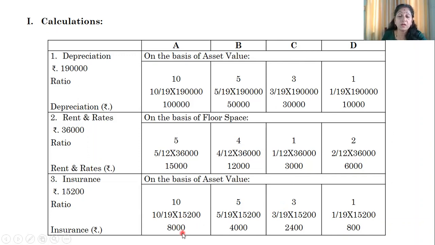We will get 8,000 insurance for department A. Then the insurance value of department B, 5 divided by 19 into 15,200, will be 4,000. Then C, 3 divided by 19 into 15,200, that is 2,400. 1 divided by 19 into 15,200, we get 800. That is the insurance value given in the problem.